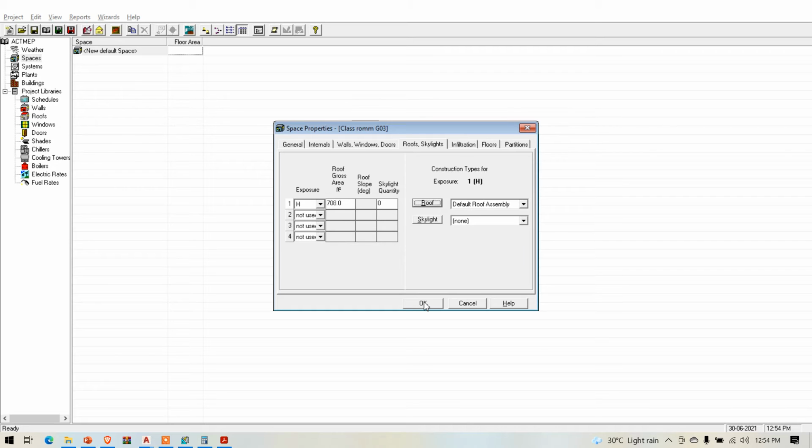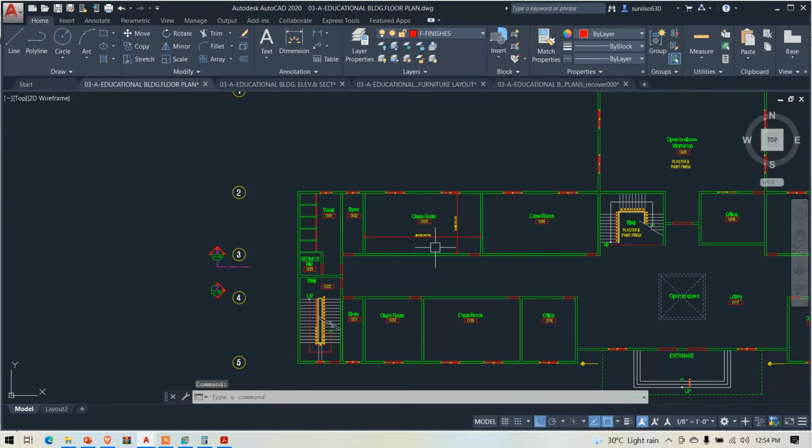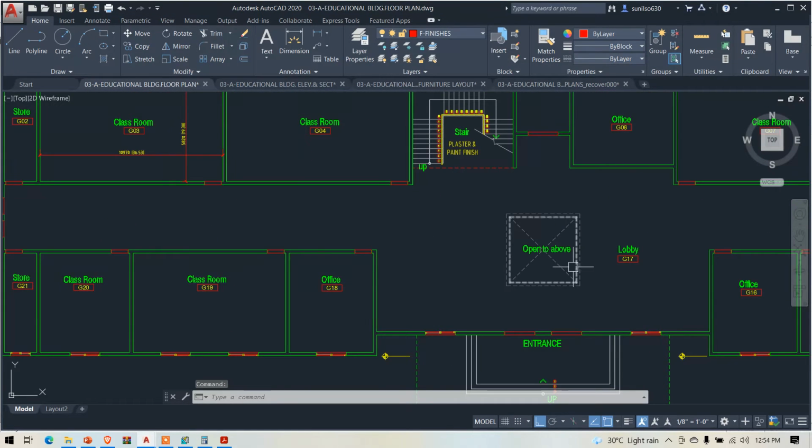Again here they are giving one more, that is skylight. What does skylight mean? If you see in your building, here we have one area open to above, meaning in one area, for lighting purposes, they install glass in the roof section.